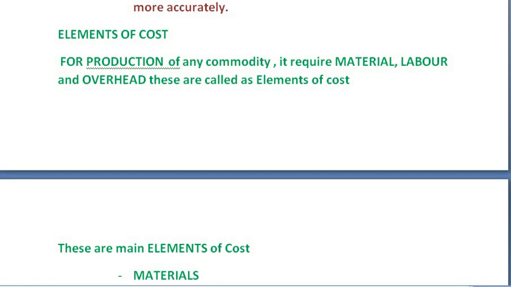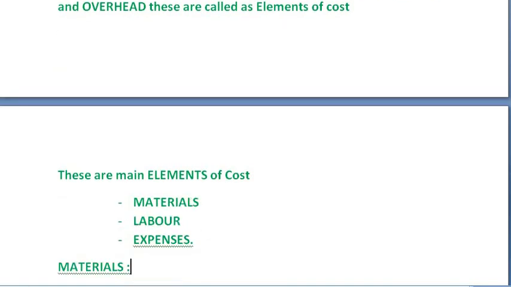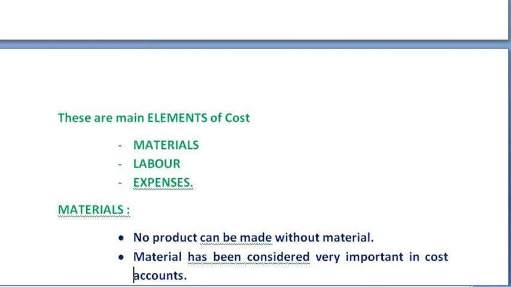Without these three elements or components, you will not succeed with your production. So the first element is nothing but material. Each element has direct as well as indirect cost. First we'll see what the term material means.